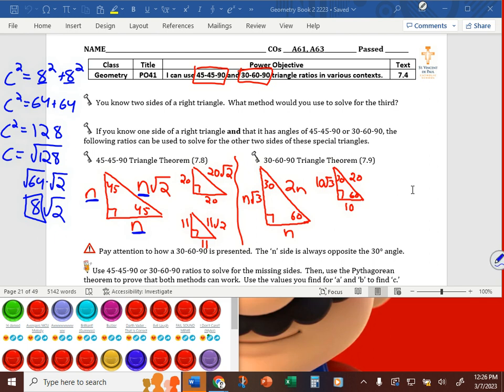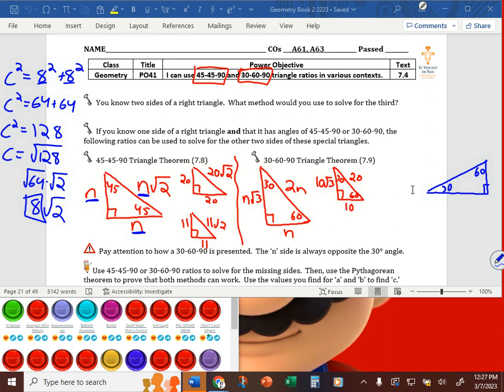What you need to be careful with a 30, 60, 90 triangle is that sometimes it might be rotated a little bit. So if your triangle looks like this, right, you've got to pay close attention to which angle is your 30 and which angle is your 60. Because that determines which leg is n and which leg is n times the root of 3.